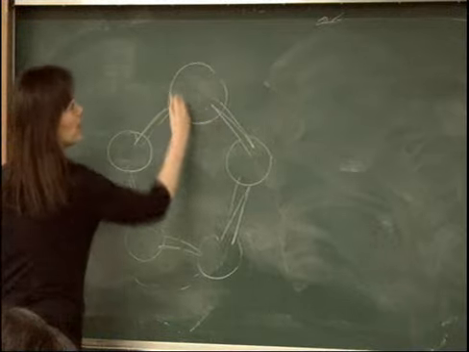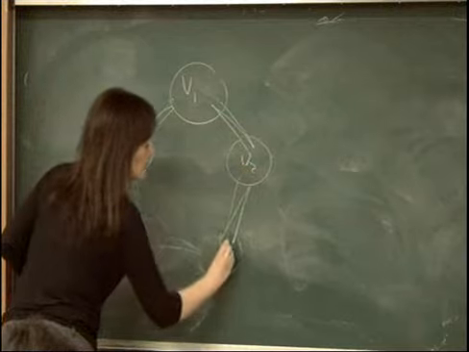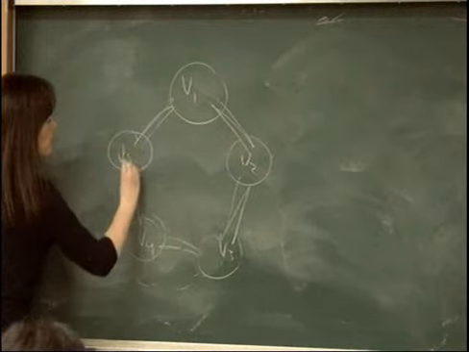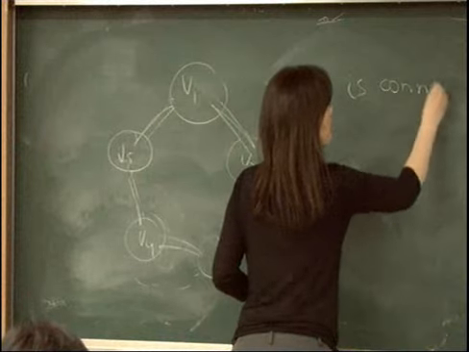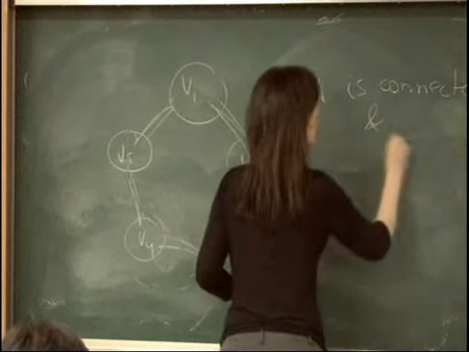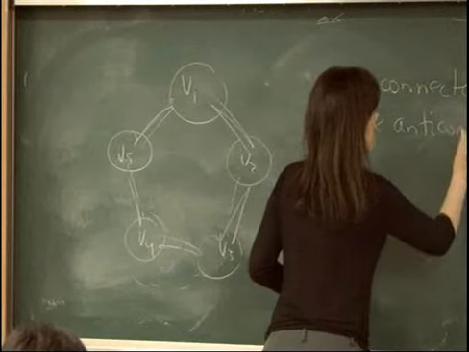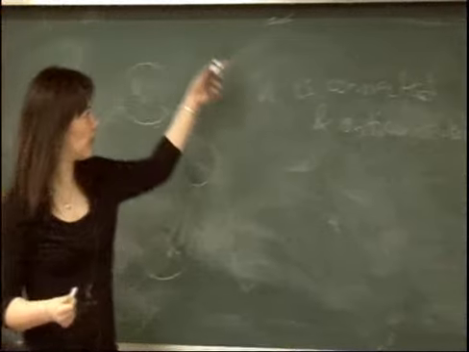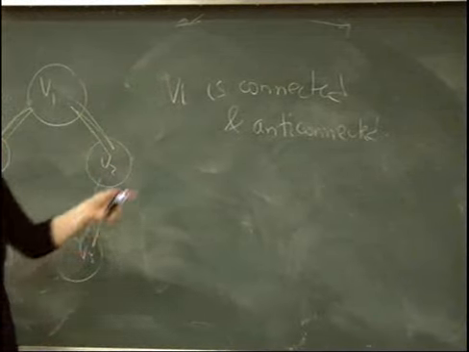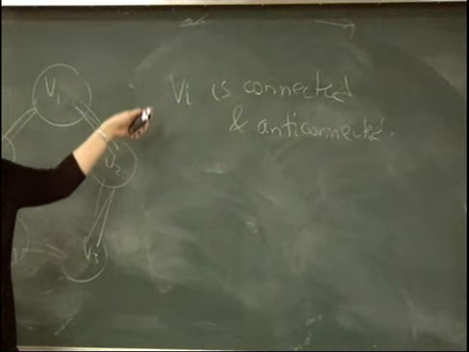Let me just say that each of these sets, V1, V2, V3, V4, V5, is connected and anti-connected. Anti-connected means connected in the complement. Connected means the graph induced by G on this set is connected. Anti-connected means the graph induced by the complement of G on this set is connected.